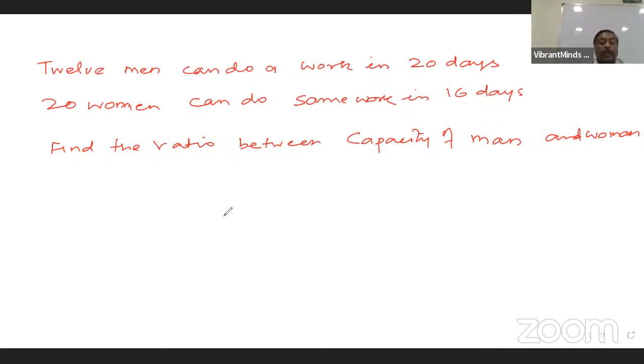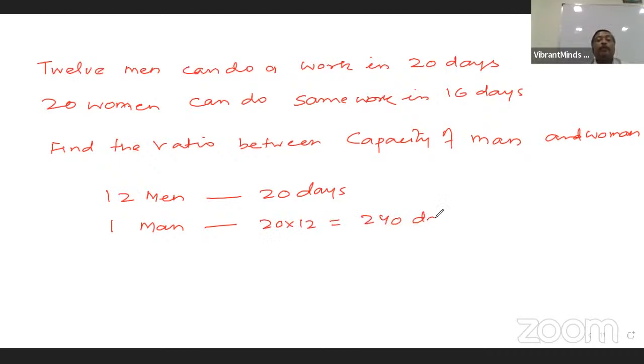Okay. Now understand. 12 men can do a job in 20 days. So one man can do it in how many days? That is 12 into 20, and that is 240 days.